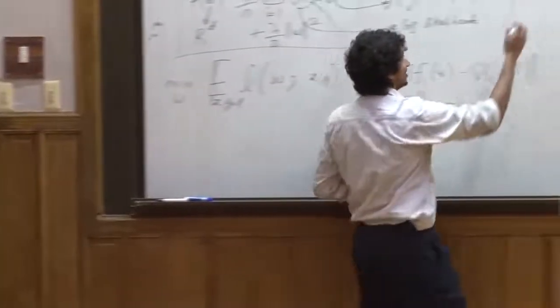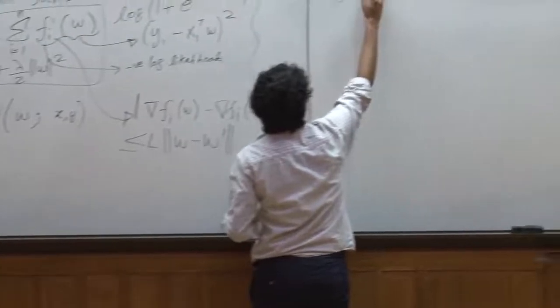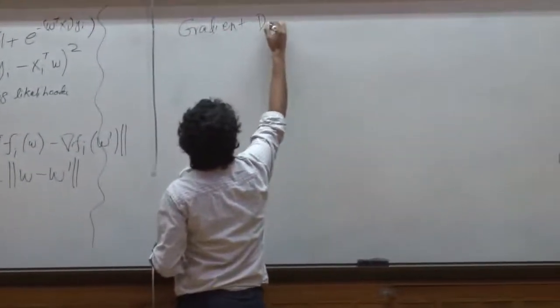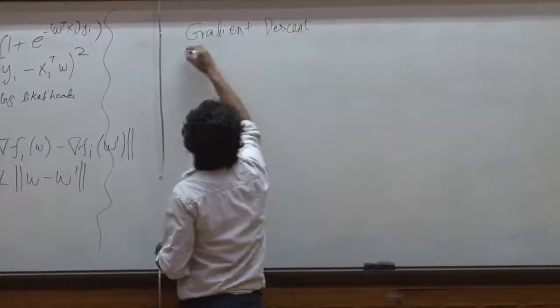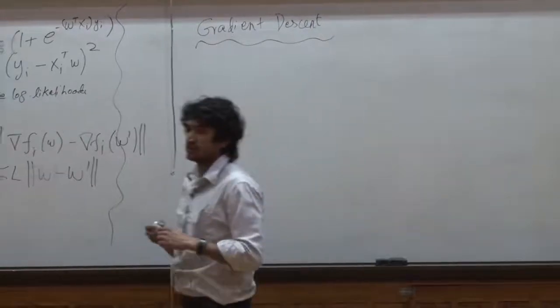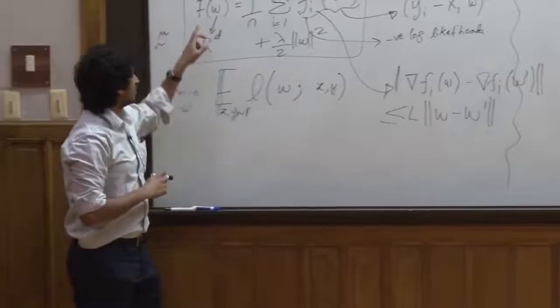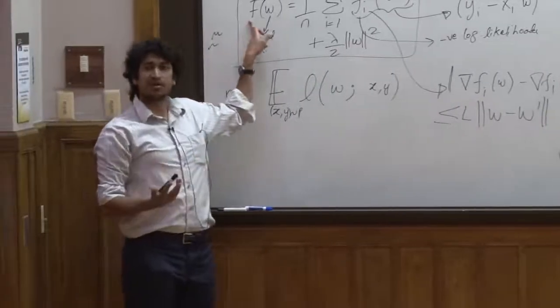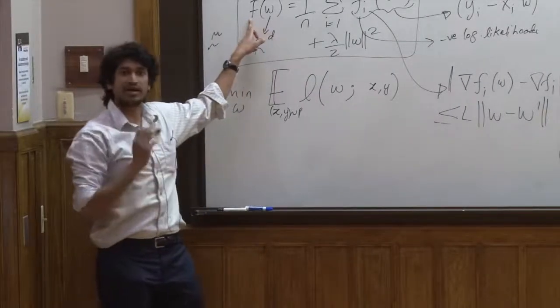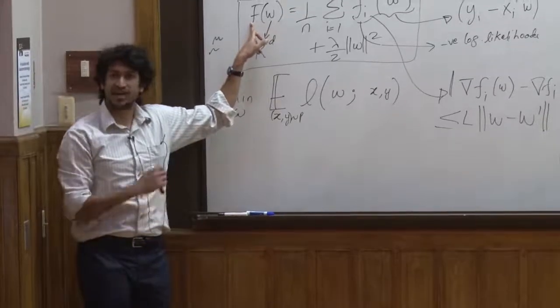So our first default option is gradient descent. Gradient descent works as follows. We calculate the gradient of f at our point w and take a step in the direction of the negative gradient.